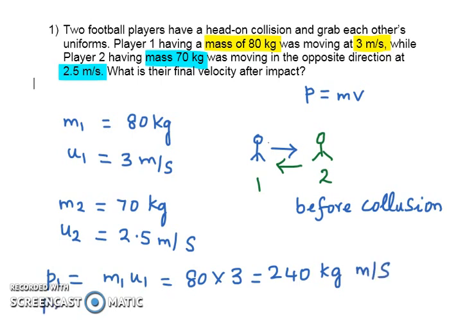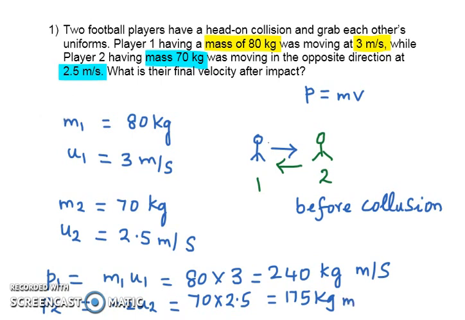And the initial momentum of the second player is M2U2. This is 70 times 2.5. That is equal to 175 kilogram meter per second.